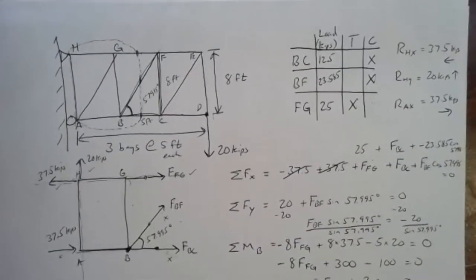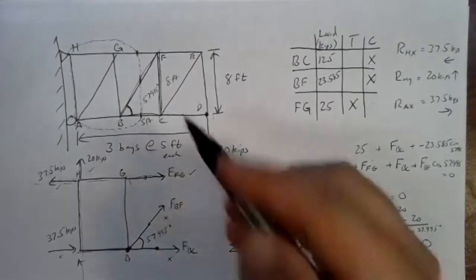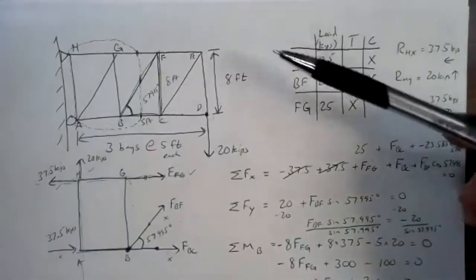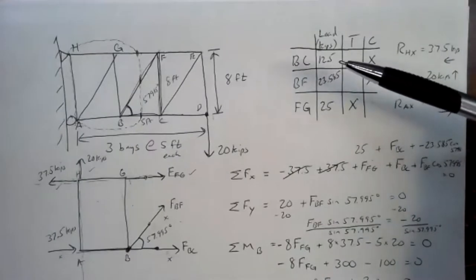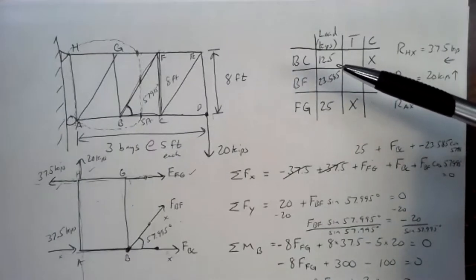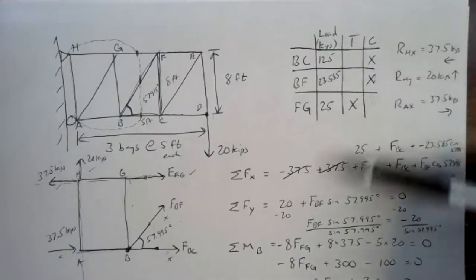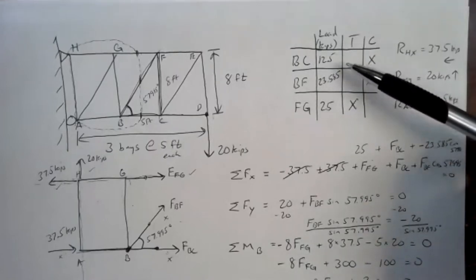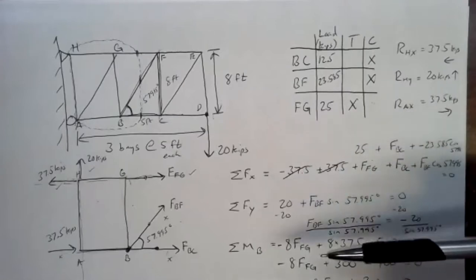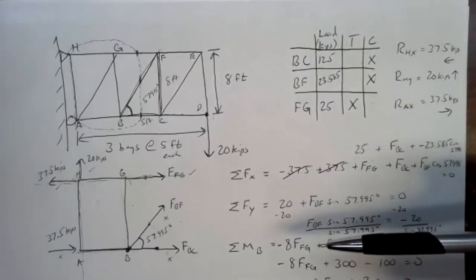So there we go. We found all three members. Those are the only three we needed in this one. We needed member BC, member BF, and member FG. And we figured out that member BC and BF are in compression. Member FG was in tension.